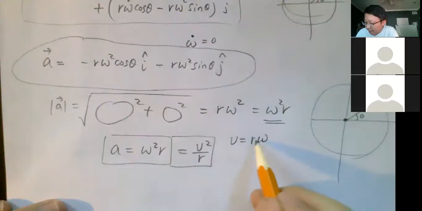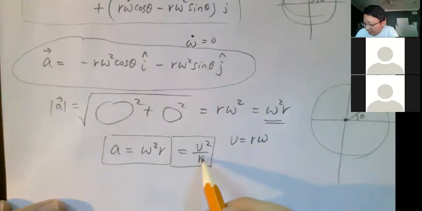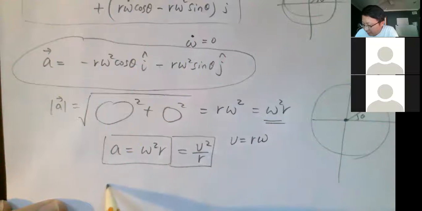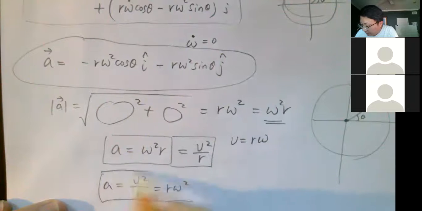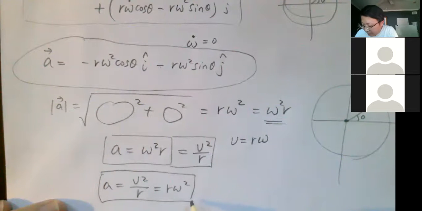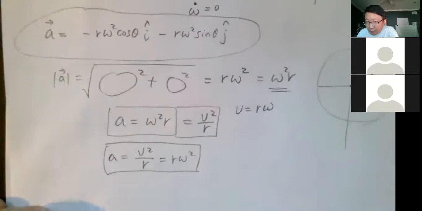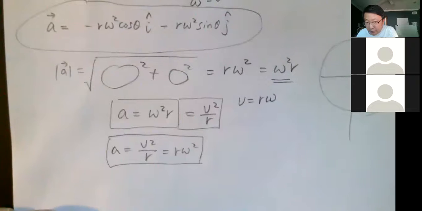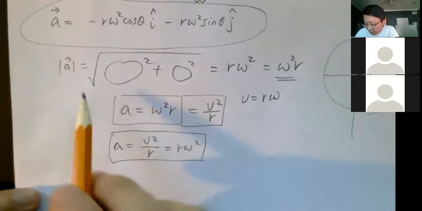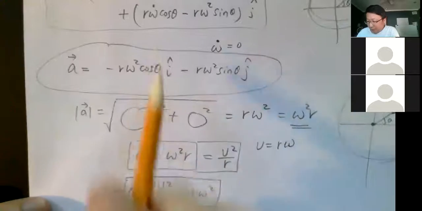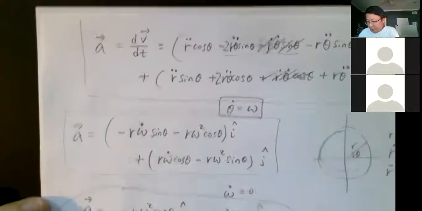Correct? R squared times omega squared divided by r equals r times omega squared. So this A equals V squared divided by r equals r omega squared. So this is the central acceleration formula.